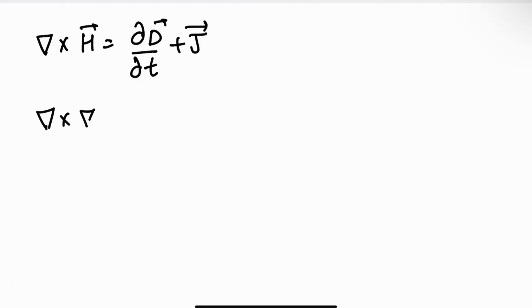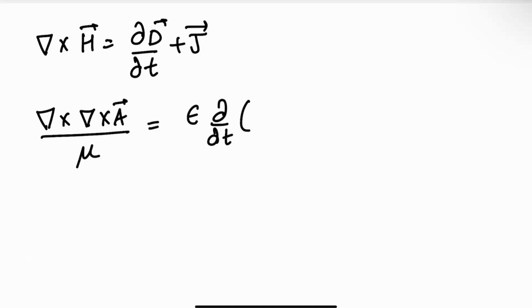Okay, so substituting in A, I have H equal to curl of A divided by mu is equal to epsilon d dt of E. I know E is nothing but minus gradient of phi minus dA over dt plus J.